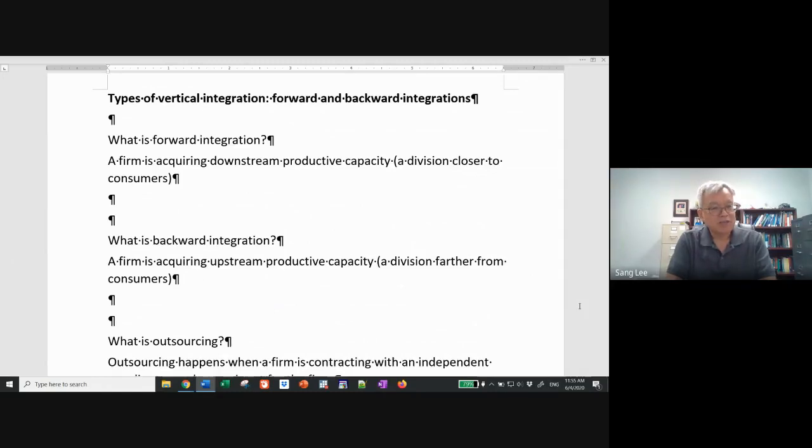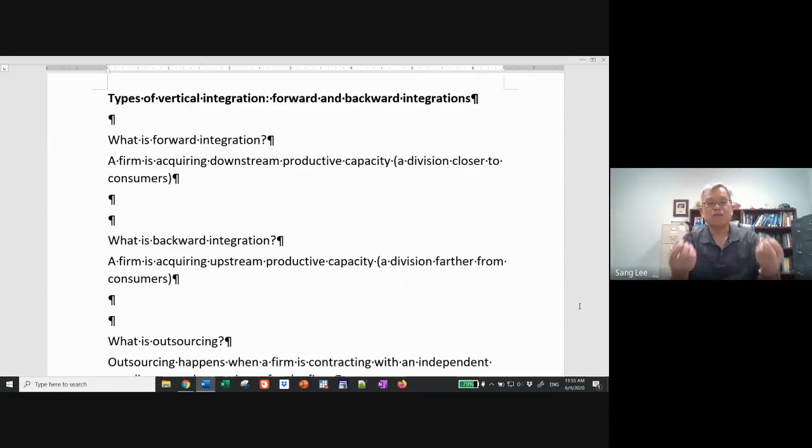Another example: what if a computer manufacturer like Dell takes over a retail outlet or chain stores to sell its products directly to consumers? Currently, Dell sells its products through many different outlets, using many independent retailers.